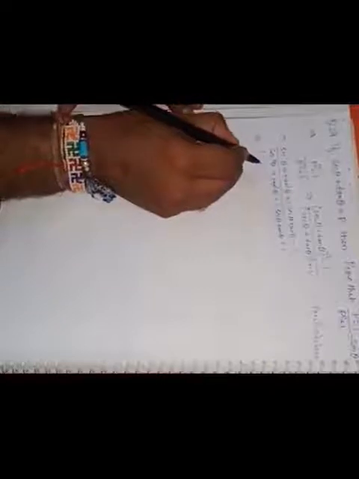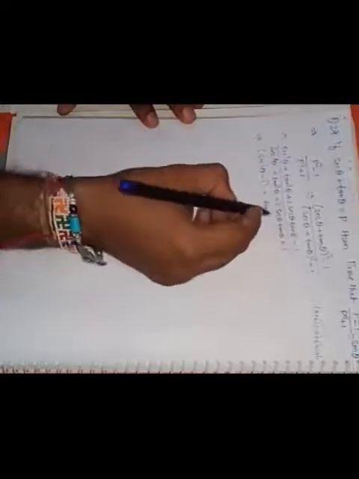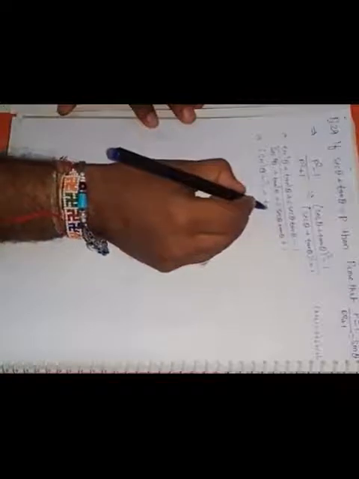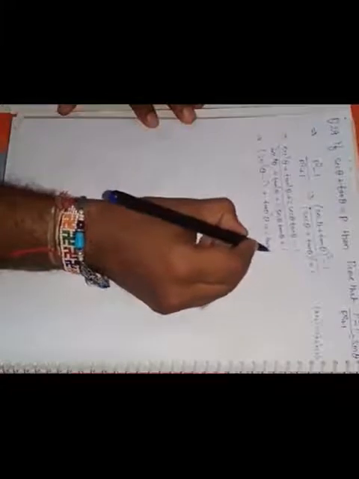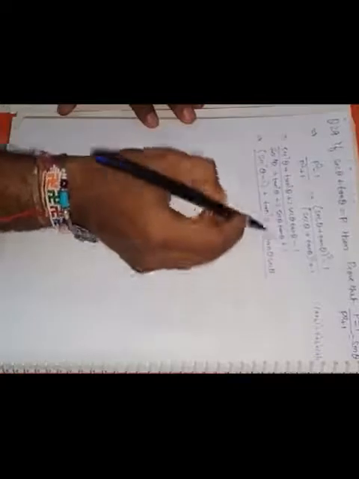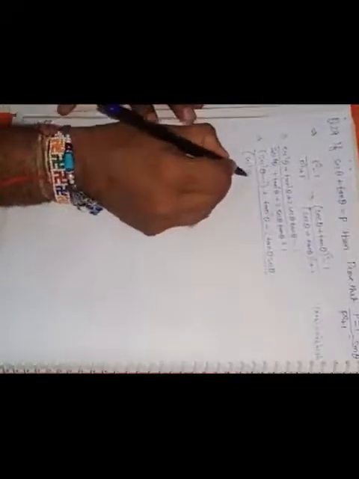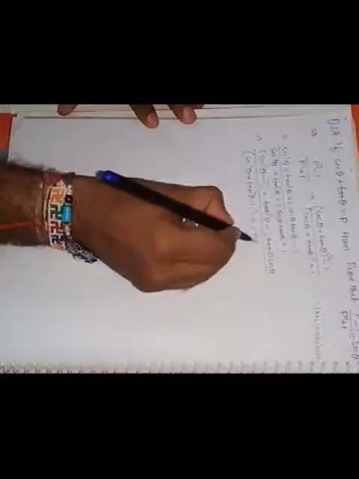like sec square theta minus 1 plus the remaining tan square theta plus this. So I will write here tan square theta plus 2 tan theta sec theta divided by, here what we are going to take, sec square theta plus tan square theta plus 1 plus 2 tan theta and sec theta.